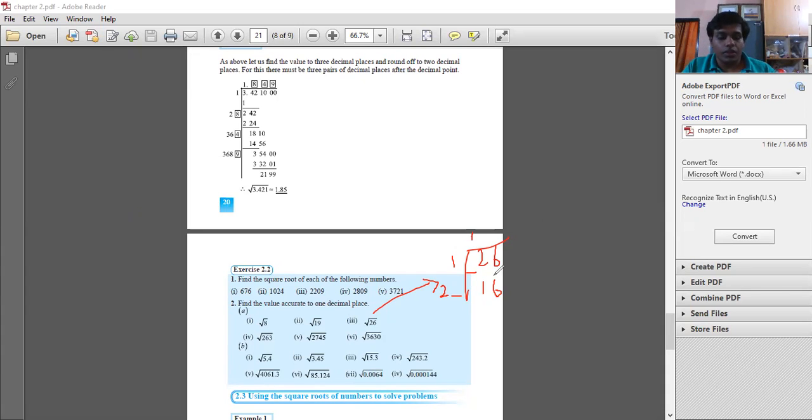Anyways, what we are going to put here should equal 16. 20 something will give you. Wait a minute.